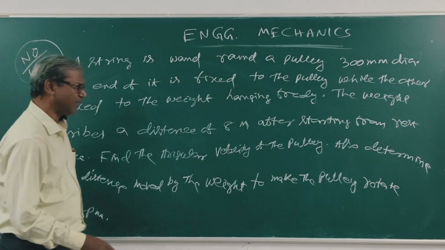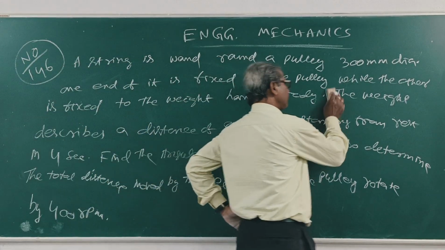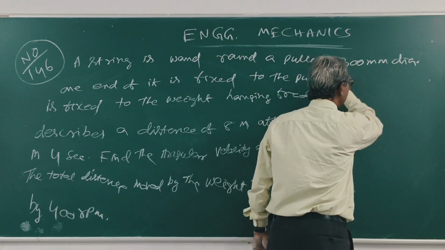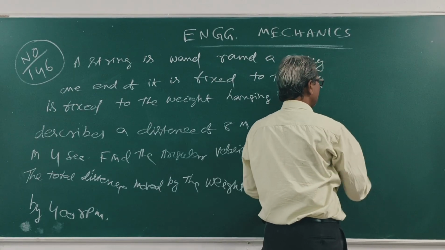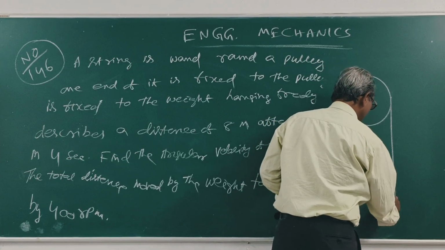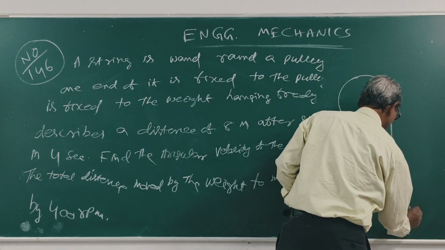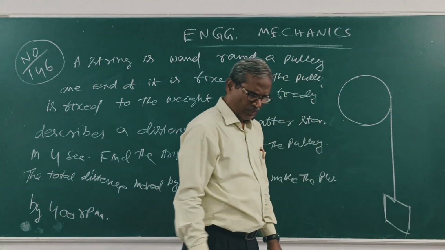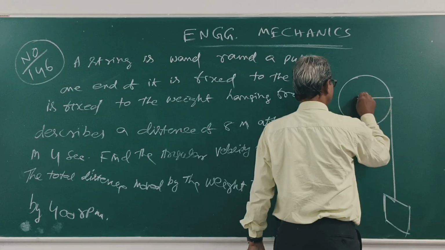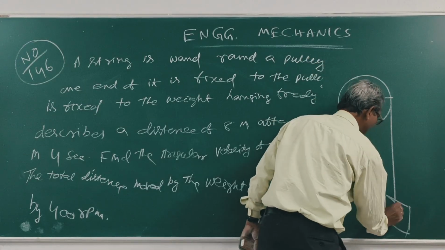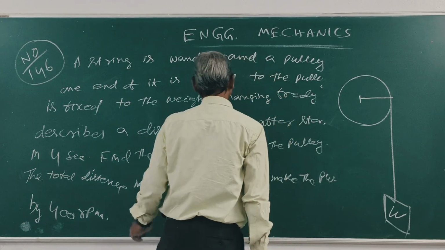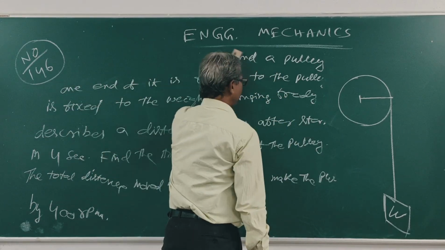Clear? First, draw the figure. This is the pulley, this is the string, this is the weight W. The pulley diameter is 300 mm, not the string.